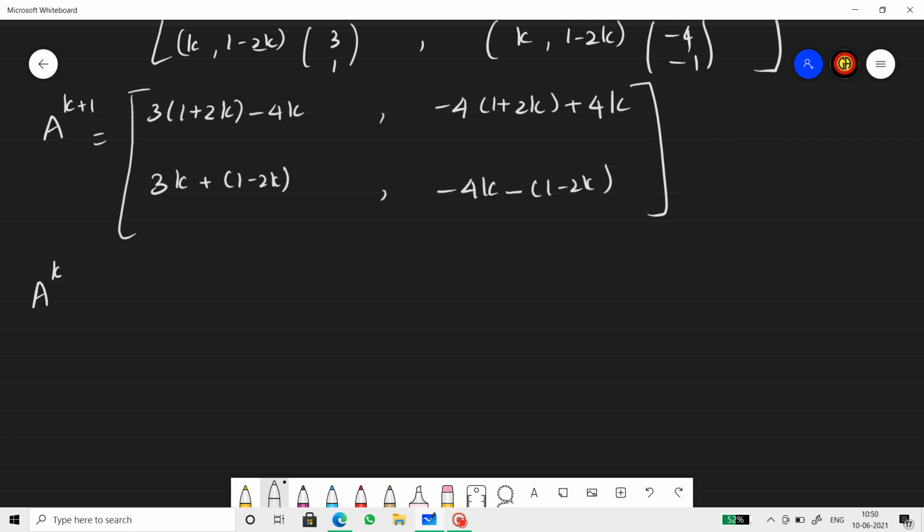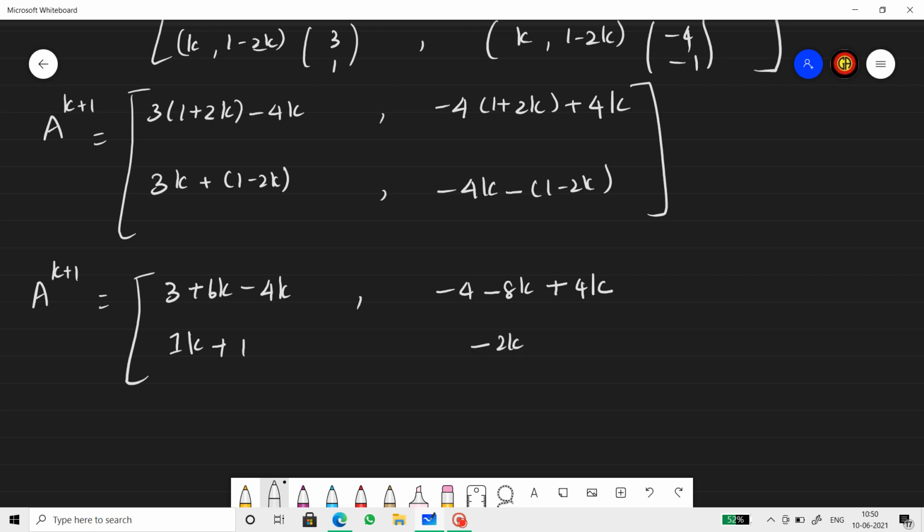So A to the power of k plus 1 equals 3 plus 6k minus 4k, right, comma, minus 4 minus 8k plus 4k, 3k minus 2k, so that's 1k, k plus 1, and over here minus 2k, minus 2k minus 1, right?